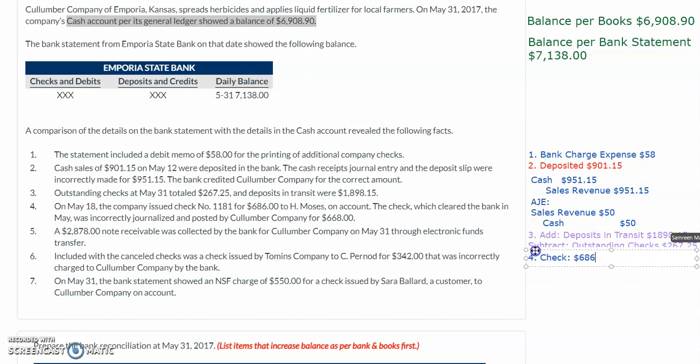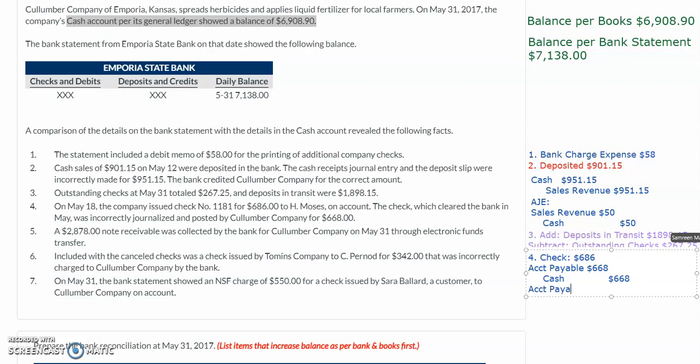But what happens is that the journal entry was incorrectly written. When somebody wrote the journal entry, they reduced accounts payable by $668, and they reduced cash by $668. But what happens is that we actually reduced our cash by $686.